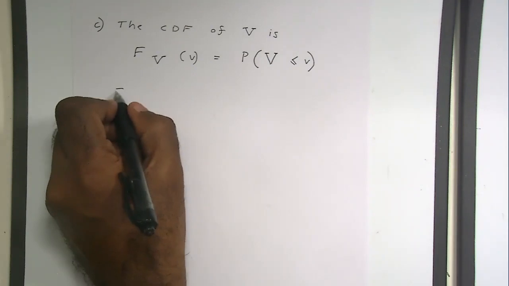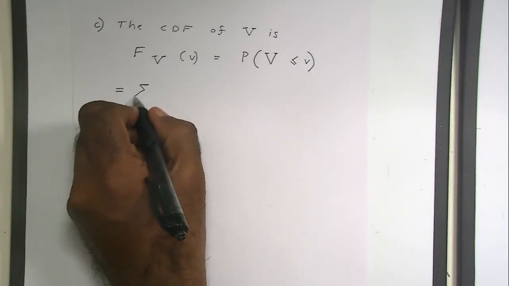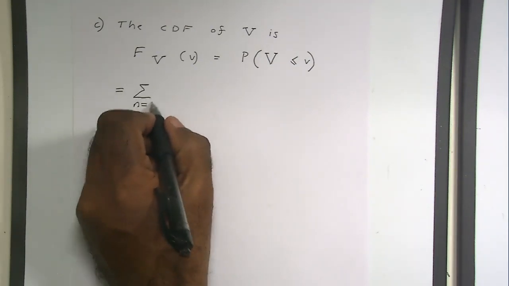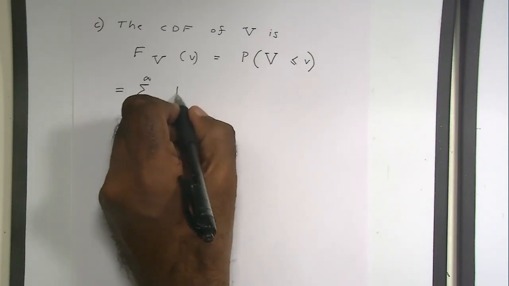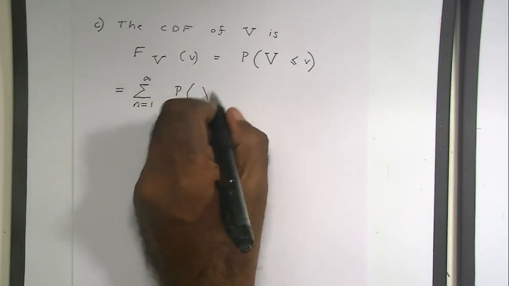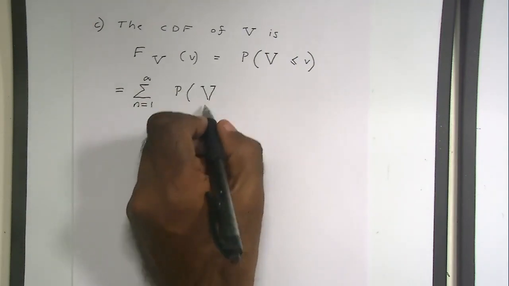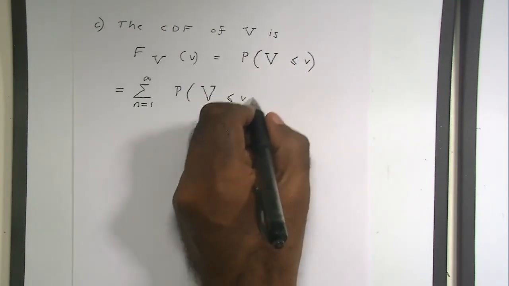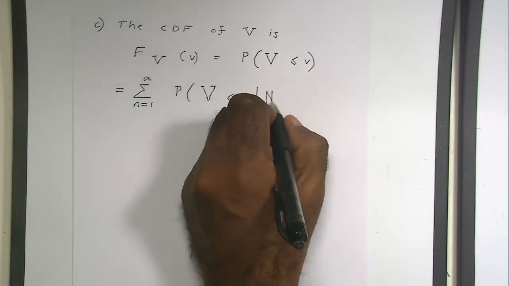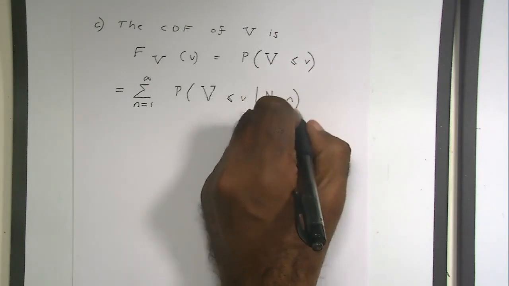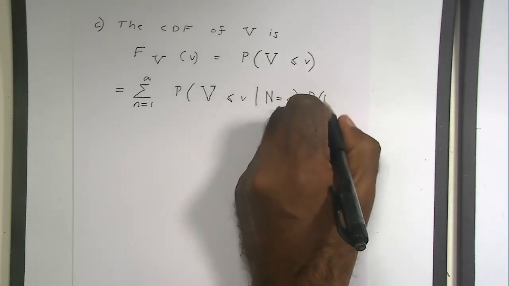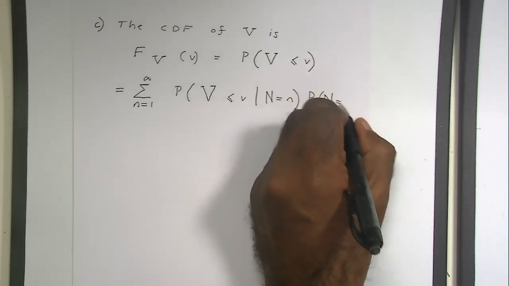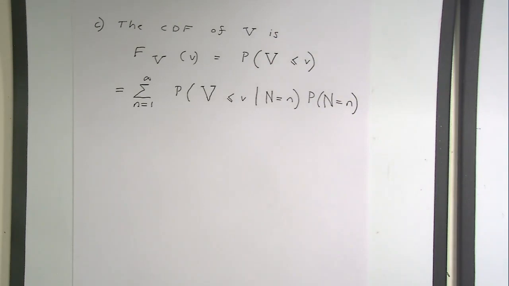And once again, using the total probability rule, you can write this like this.